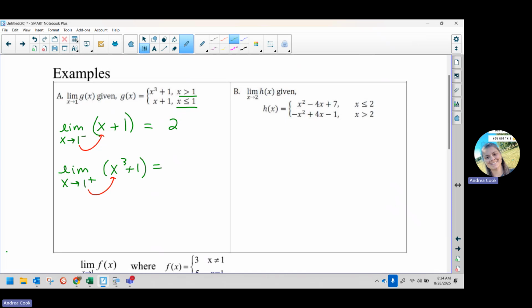It gives me 2. Since those 2 values are equal, that tells me that these 2 pieces in the piecewise function come together, which means the limit as x approaches 1 of g of x is equal to 2.